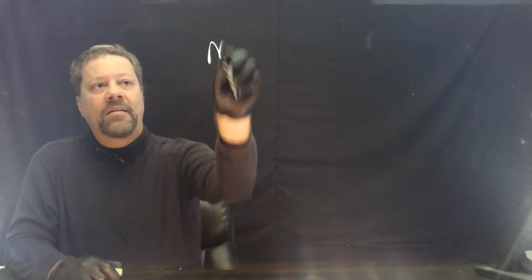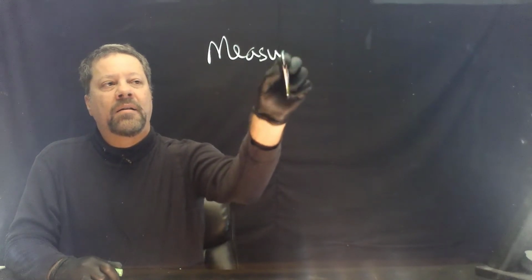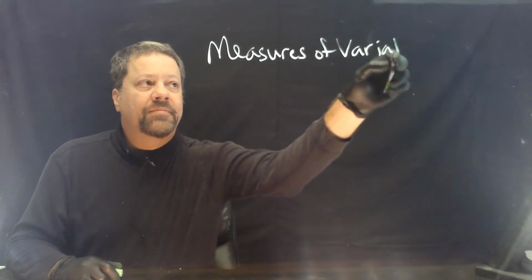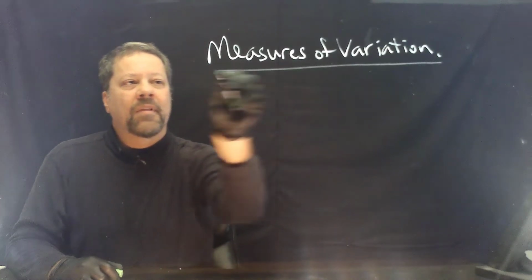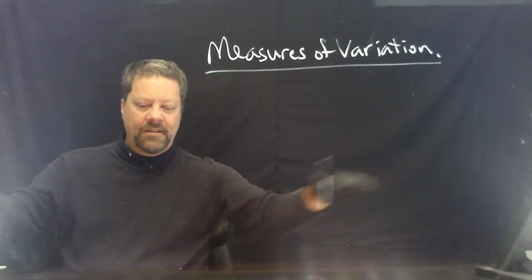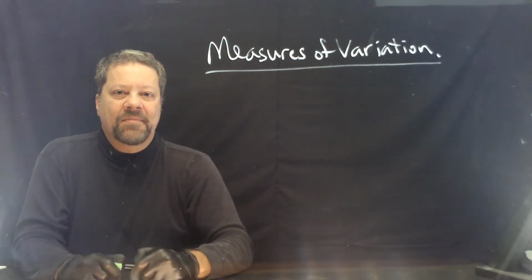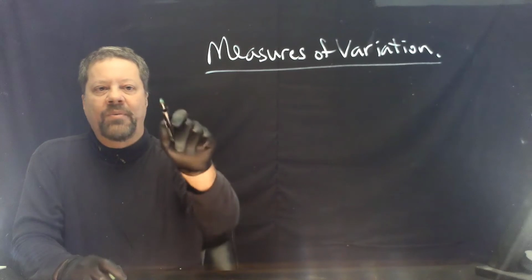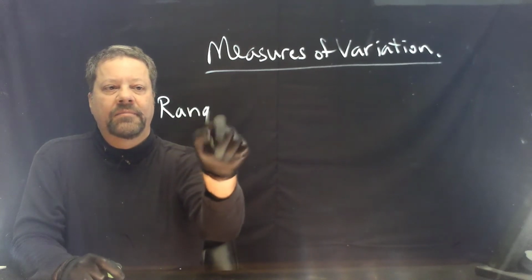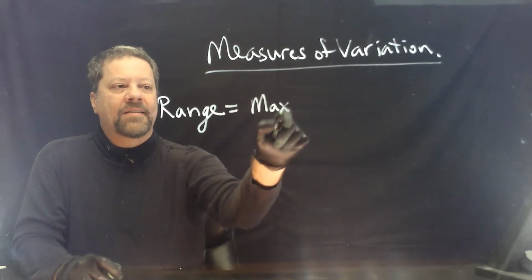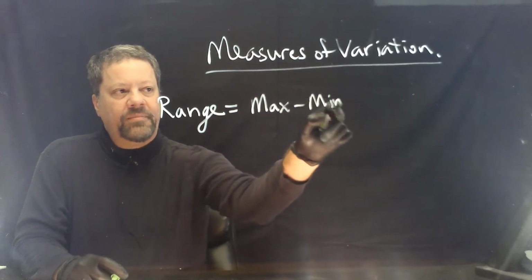Very important in this course will be measures of variation. We need some way to measure how varied, how spread out data is. The simplest is the range. It's going to be the max minus the min.